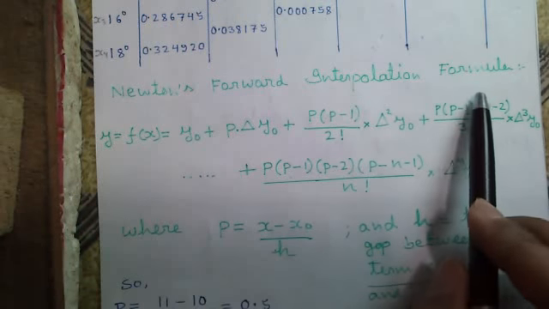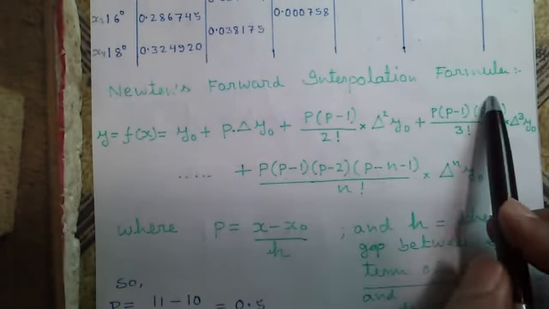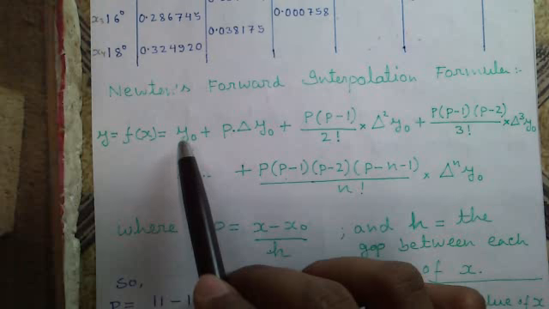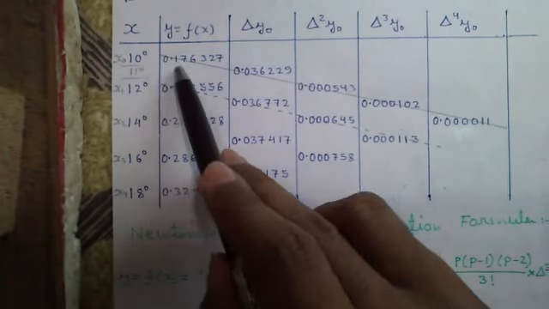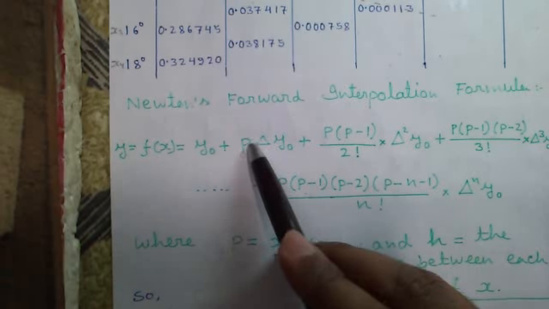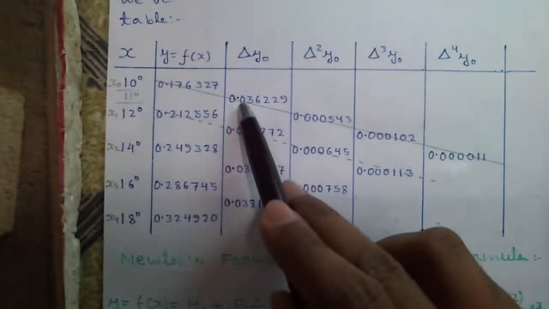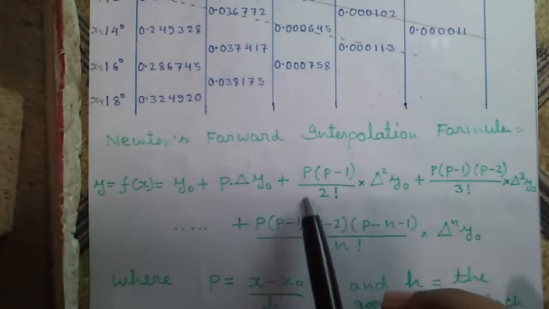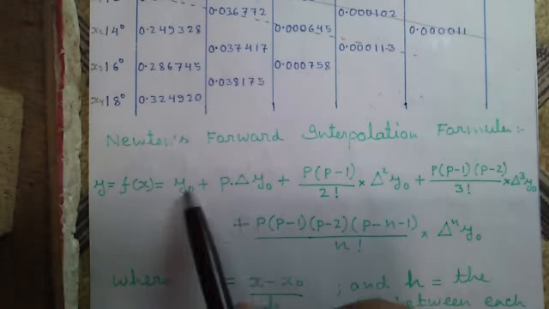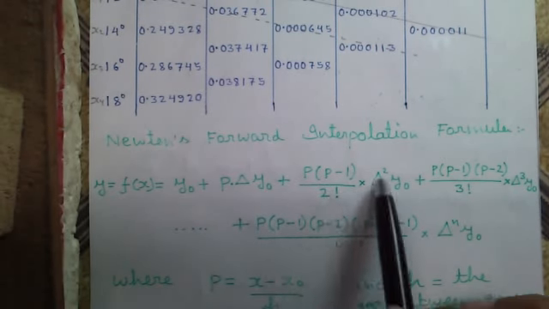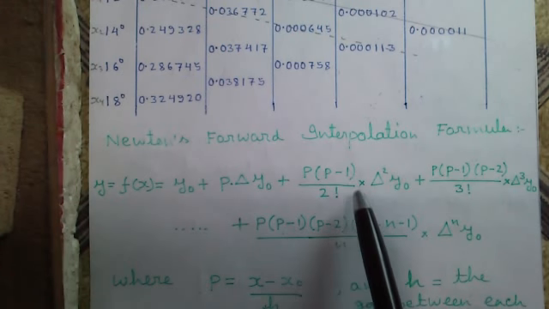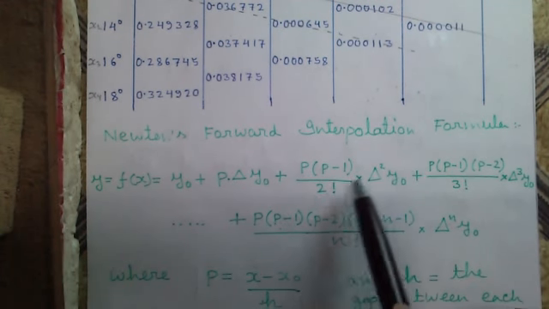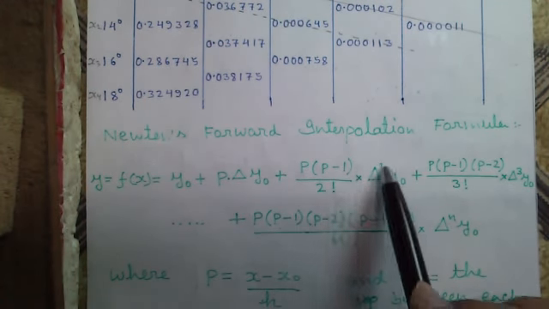Now concentrating on the formula, Newton forward interpolation formula is y equals f of x, both are the same, equals y0. Y0 is 0.176327 plus p into del y0. Del y0 is this, plus, here is a fraction. To remember the formula, you may memorize the first two elements, and for the third term, remember these two values: the factorial value and the power value will be the same, and the factor after p will be p minus one less than the factorial value.